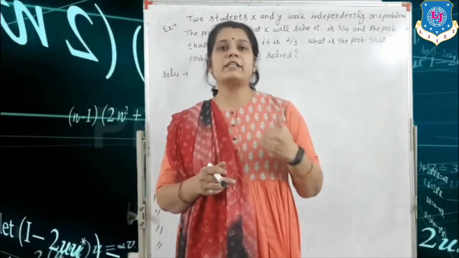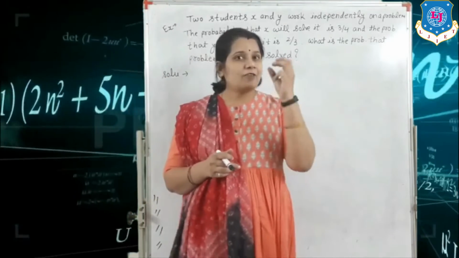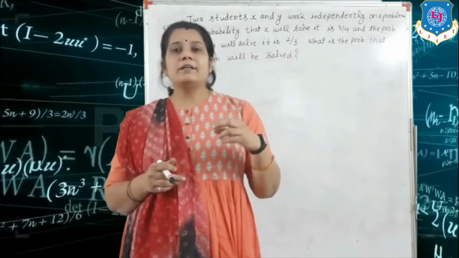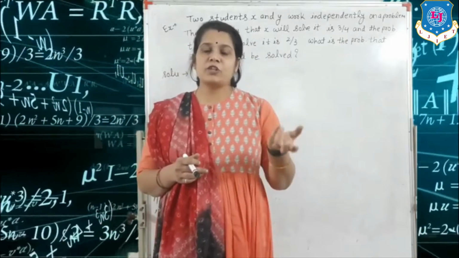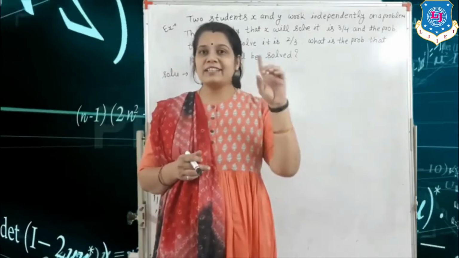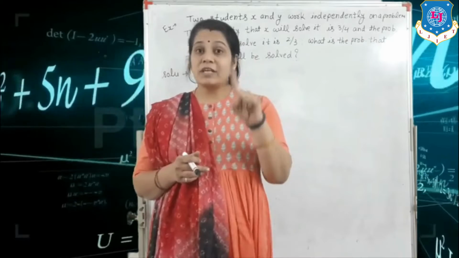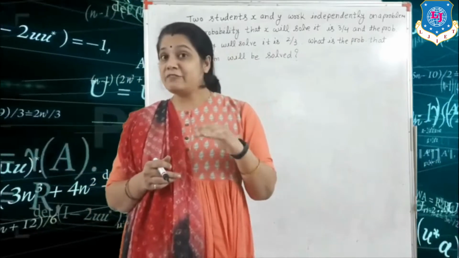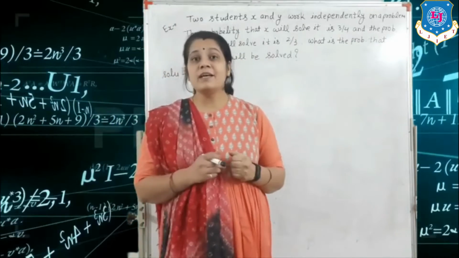We have already seen in our previous lecture an example with three students and the problem being solved. If at least one student can solve the problem, then we can say that the problem will be solved.